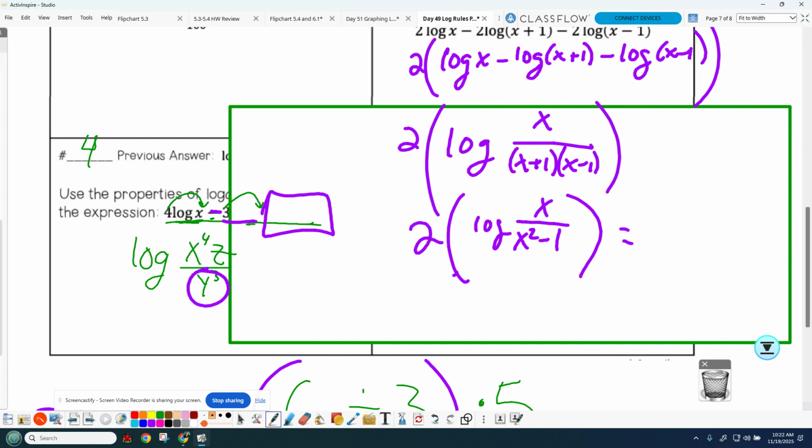Still got the 2, this answer isn't there. I gotta change it somehow. Maybe I was supposed to bring that 2 in. Both of them ended up getting squared? No, it's not how they wrote it? It was just the two with like the whole thing to the 2? Yeah. Okay.